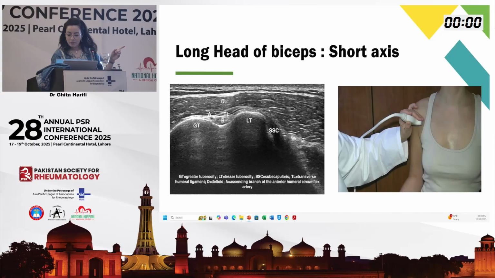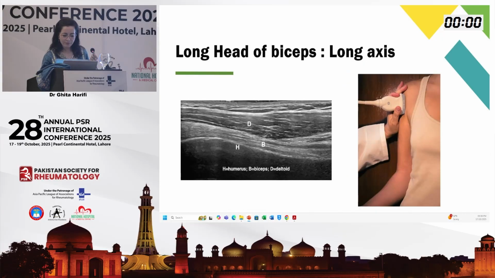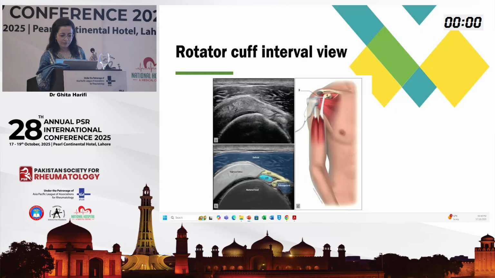Now, from there, you move to the long axis, you just change the orientation of the probe, and here you see the long axis of the tendon. This is a good view to appreciate the echogenicity and the quality of the tendon, and this is how it looks like. So, long axis position. Now, rotator cuff interval view is something that you will hear about.